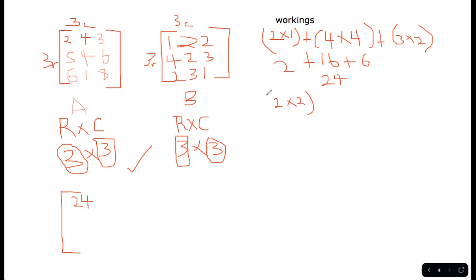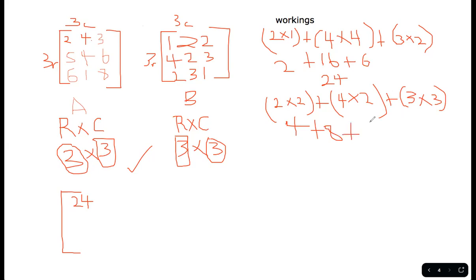2 plus this 4 times 2 again, plus 3 times 3. 2 times 2 is 4. 4 times 2 is 8.